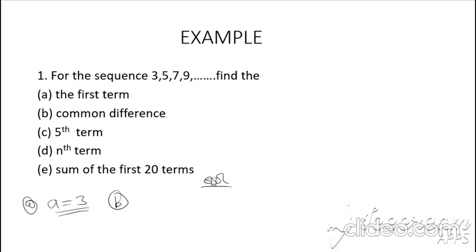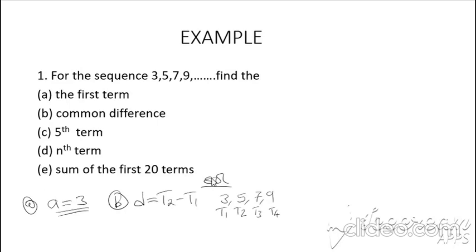For the constant amount between 5 and 3, or 9 and 7, we use this formula: D for common difference is equal to the second term minus the first term. 3 is our first term, 5 is our second term, 7 is our third, and 9 is our fourth. So T1 is the first, T2 is the second, T3 is the third, and T4 is the fourth.